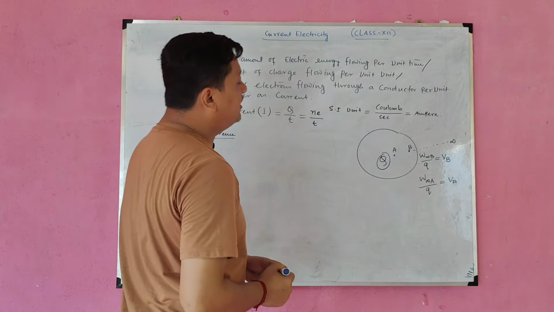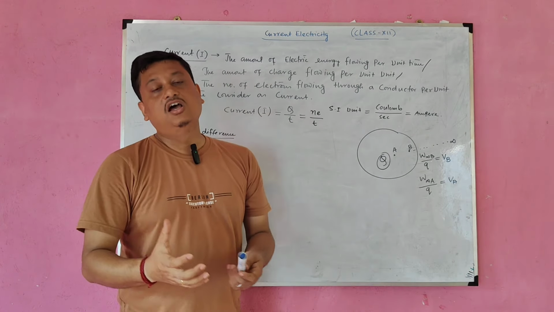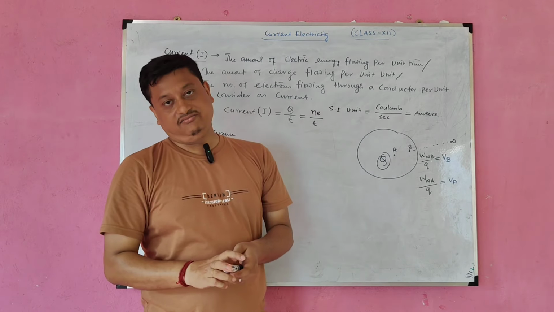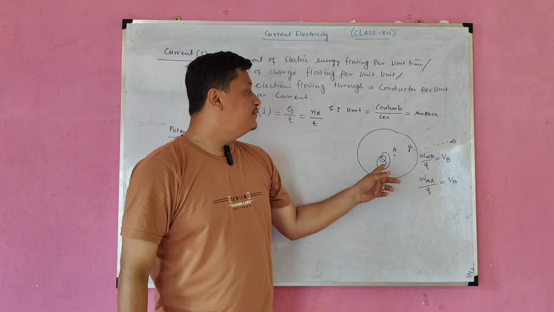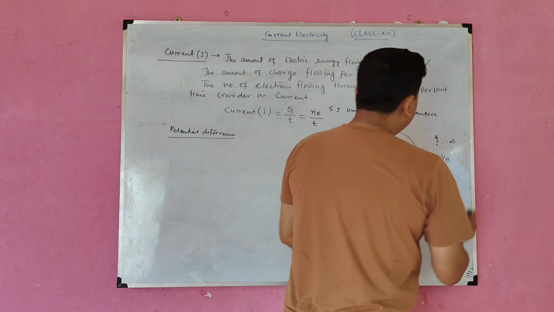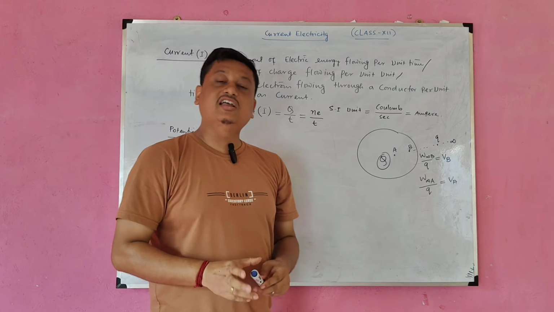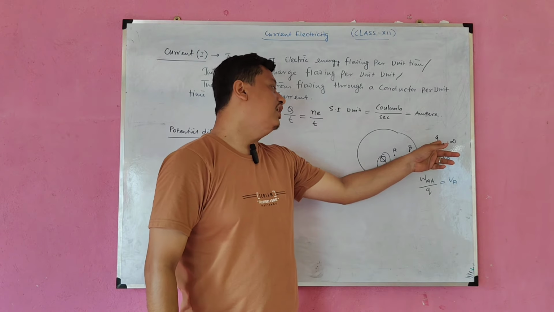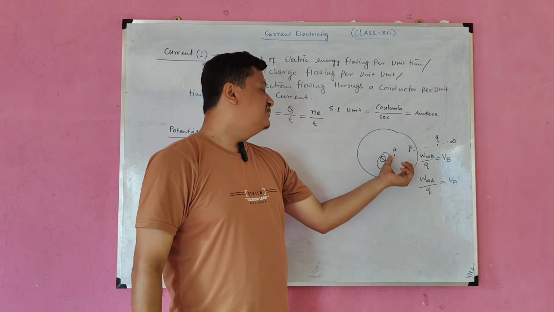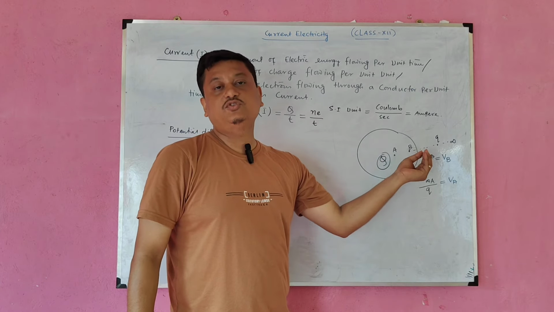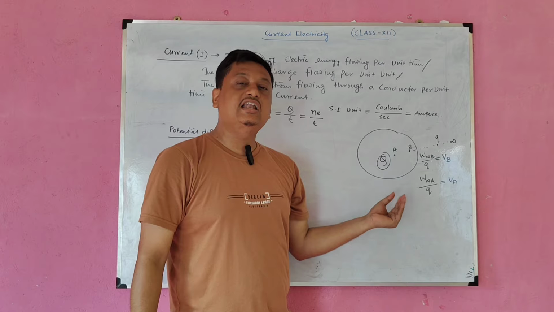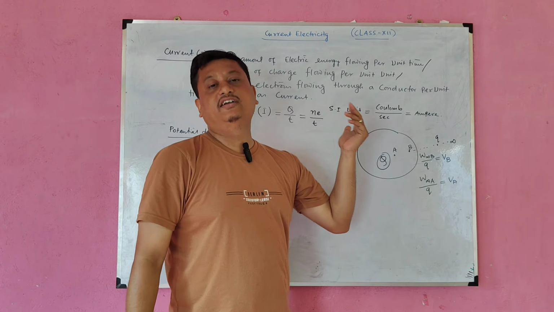Towards the source charge, for bringing the test charge, the work done should be greater. This is a positive source charge and the small q test charge we are bringing is also positive, so we are bringing it against repulsion. The closer to the source charge, the potential, the work done, all will be greater.